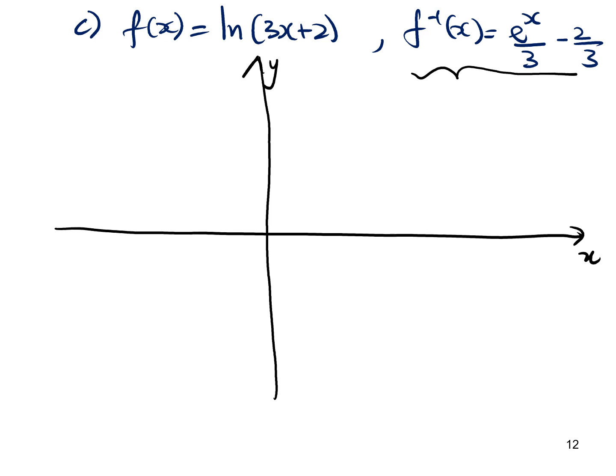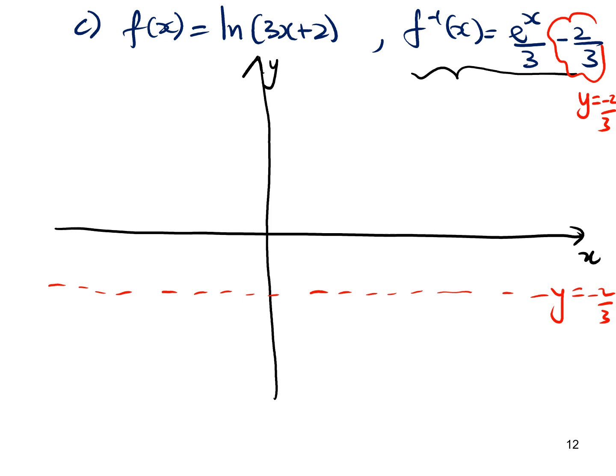From here we see that this graph has y equals negative 2 over 3. So when you have y equals negative 2 over 3, you have a line here, below. And don't forget the reflection line, this is compulsory, y equals x is the reflection line.